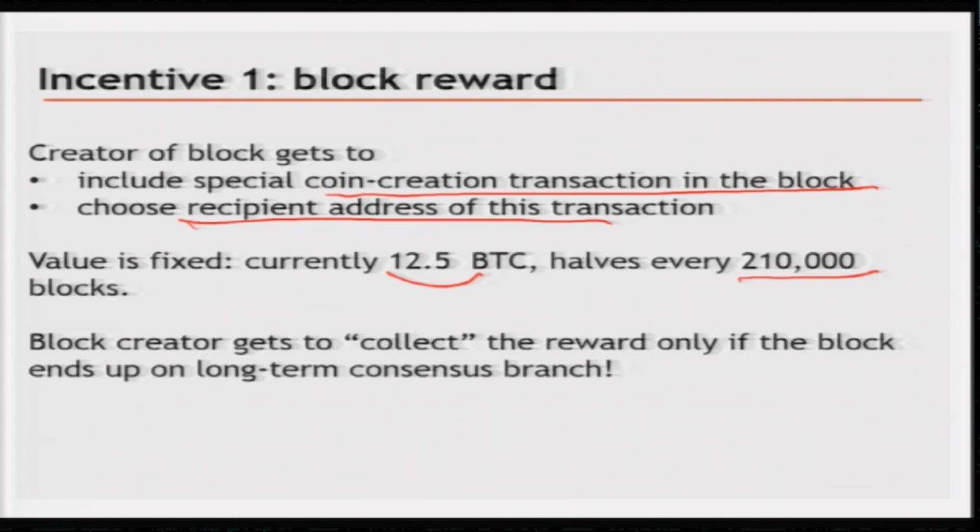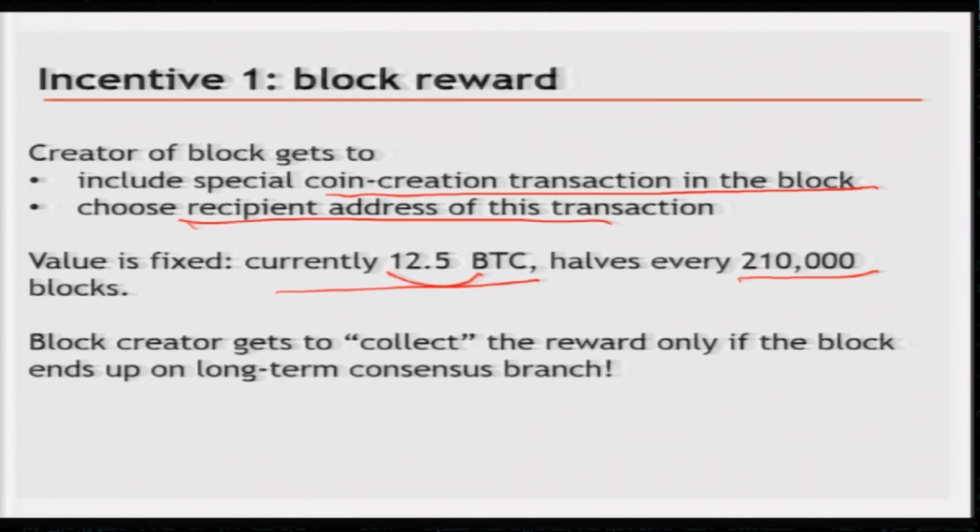So, right now if I create a block, I will put a transaction saying create 12.5 new bitcoins and give it to my address. If my block gets accepted, then that transaction becomes part of the blockchain, and after 6 more blocks are built on that block, I get to use those 12.5 bitcoins.